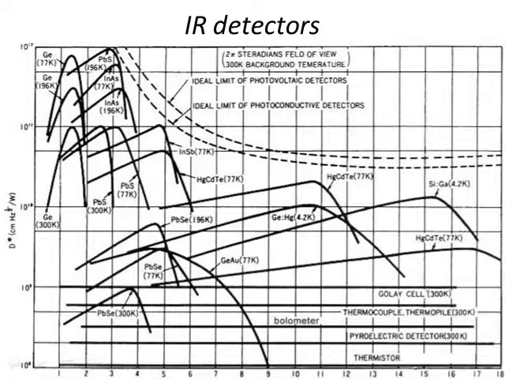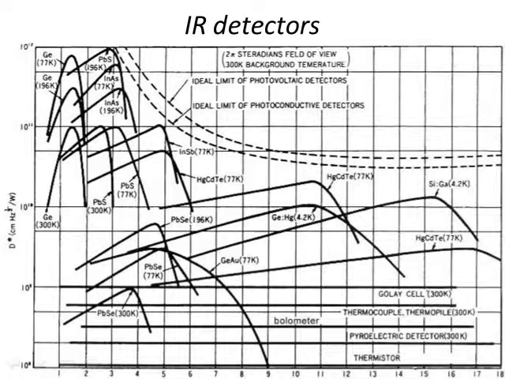So different types of IR detectors are listed in this table. The y-axis is called the detectivity, D star, and this is basically a measure of the sensitivity of the IR detector. And the x-axis is in microns. This is the wavelength.